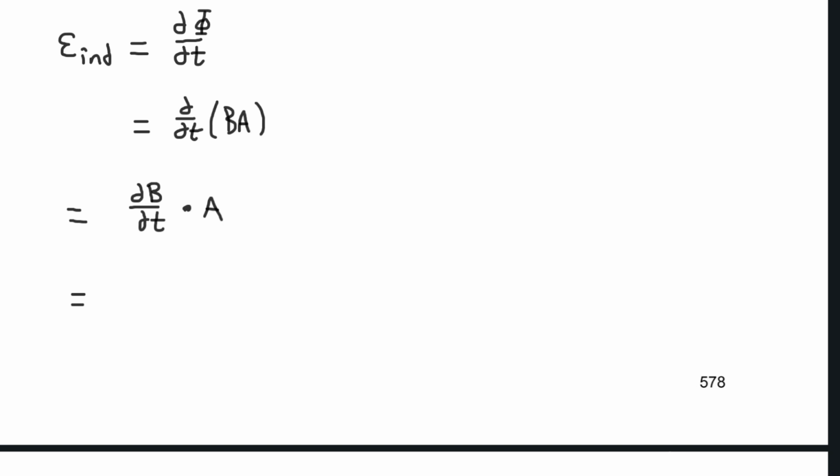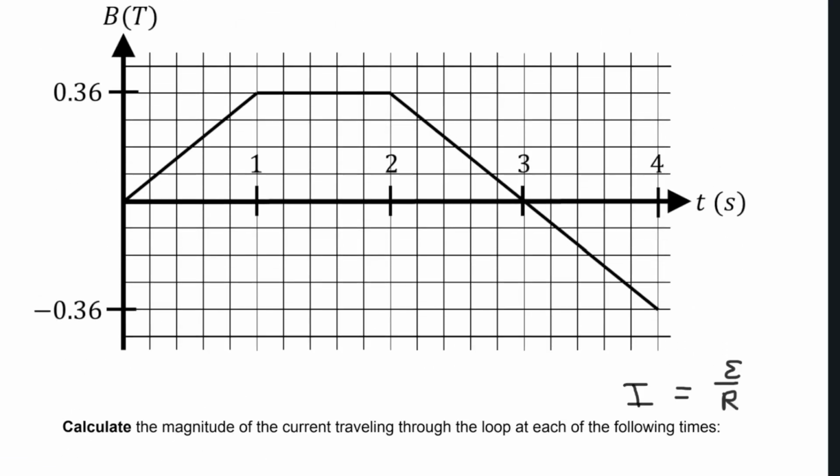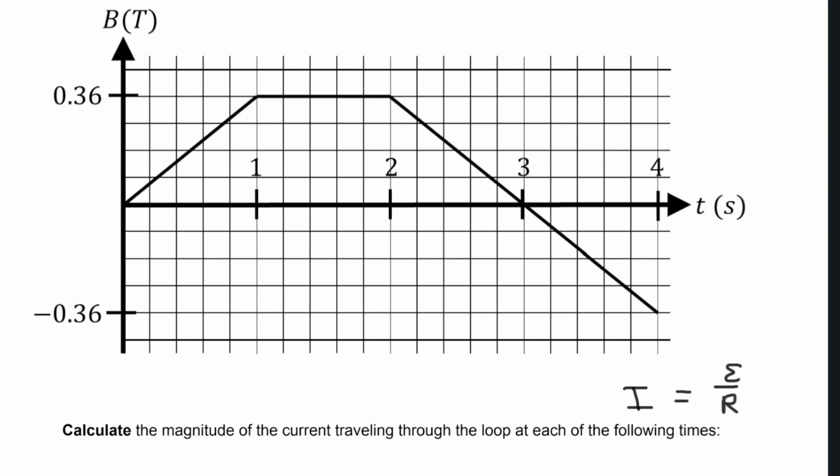So we're really just looking for slope now, because we're looking at a graph, so we can interpret that as a slope. Notice in my first segment here, it took 1 second for the magnetic field to change by 0.36 Tesla.